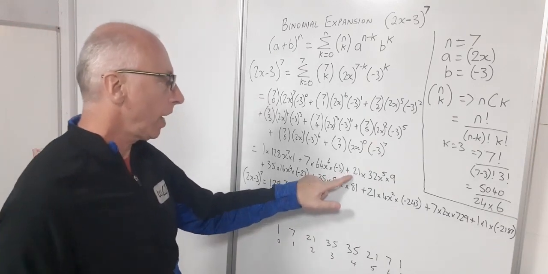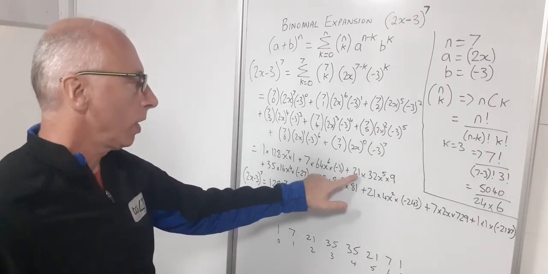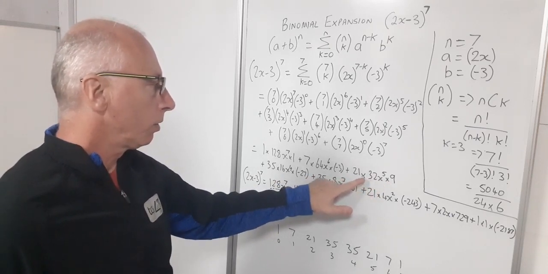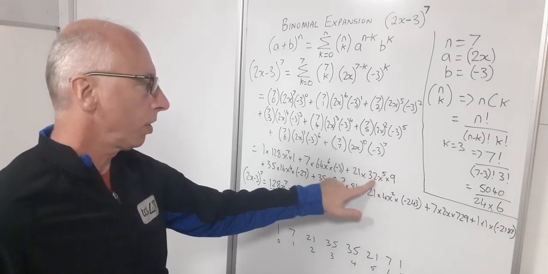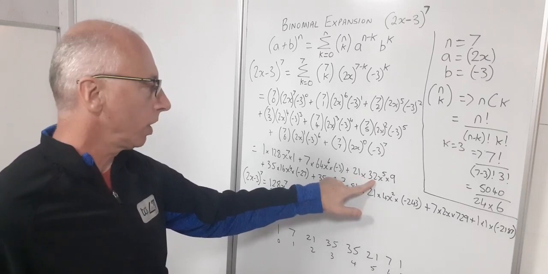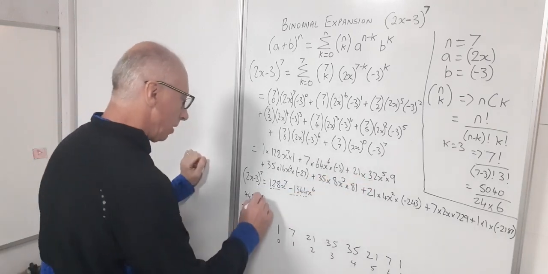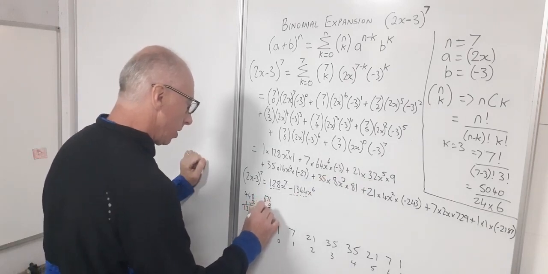Now my coefficient for x to the 5. 21 times 32 times 9. Well, 21 times 32, 20 times 32 is 640, plus another 32 is 672. So we now need 672 times 9.